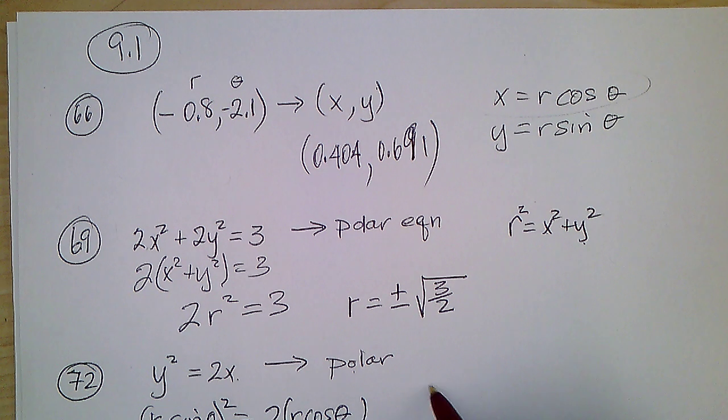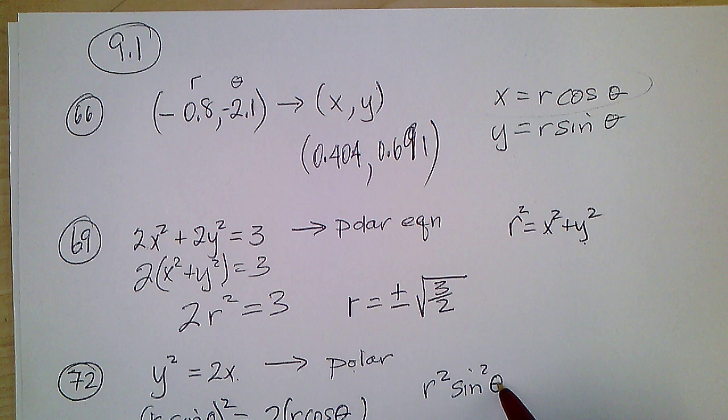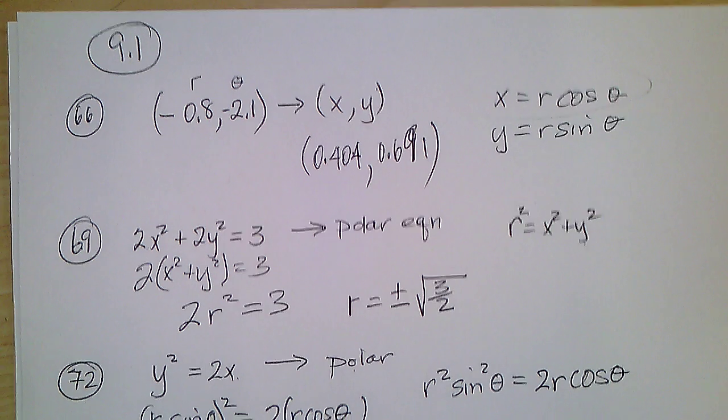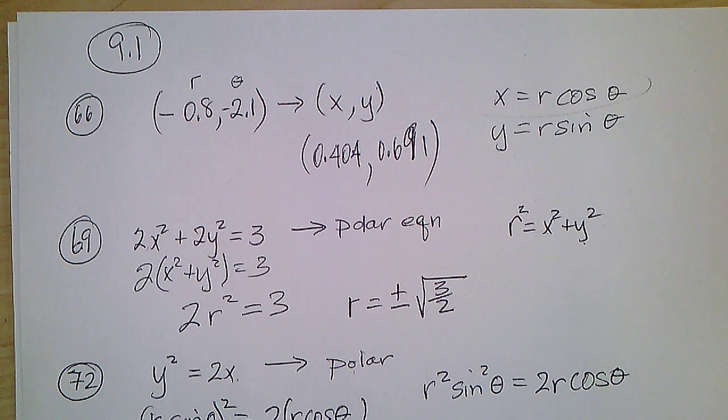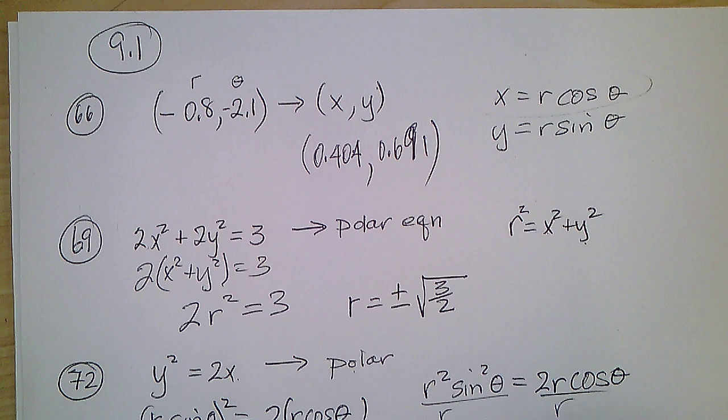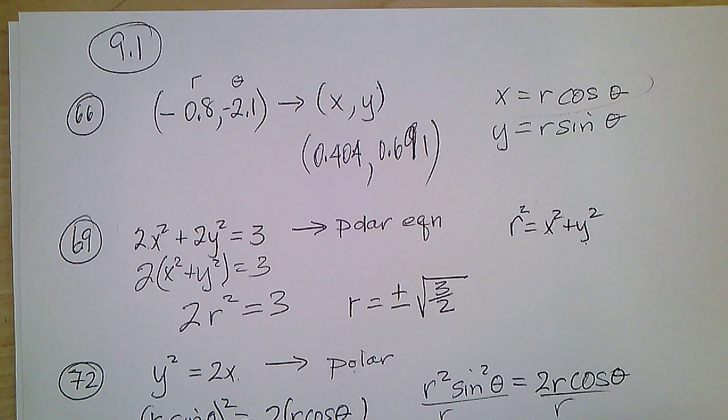So this is r squared sine squared theta equal to 2r cosine theta. You can divide everything by r, and we'd lose an r here, and we'd have r sine squared theta equals 2 cosine theta.